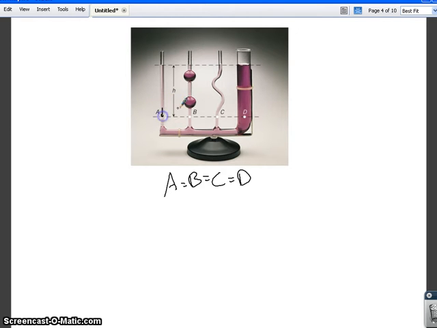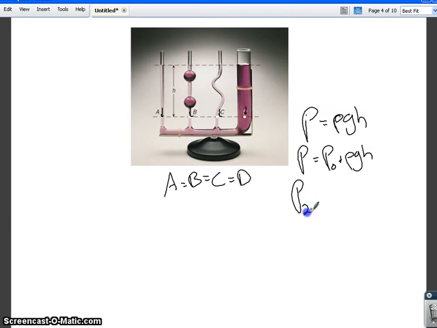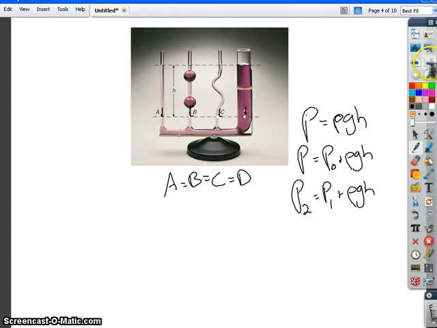So at this point, pressure is being exerted down. So it doesn't matter which one is which. It only depends upon height. So this is another example of our rule. Pressure depends upon height. Pressure is equal to rho GH, and the absolute pressure is equal to atmospheric pressure plus rho GH, or more generally, P2 equals P1 plus rho GH.